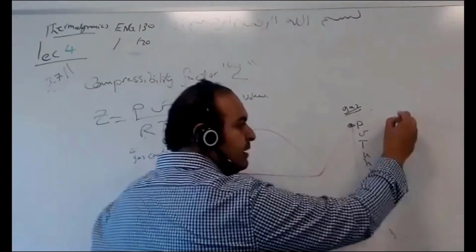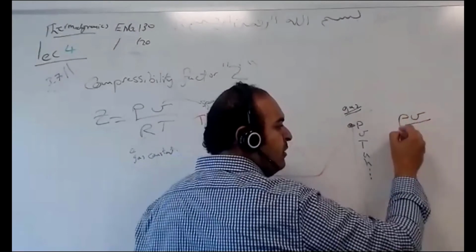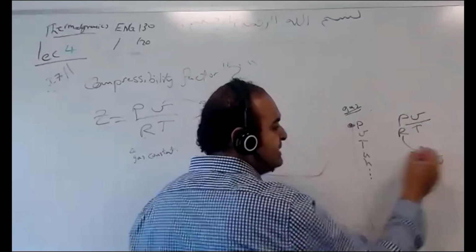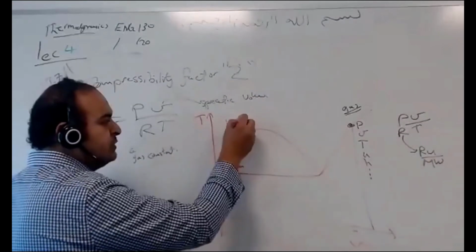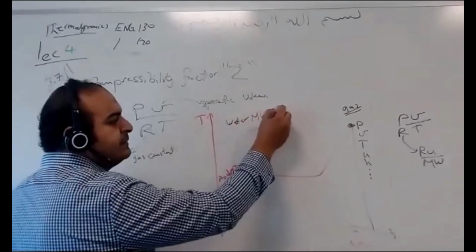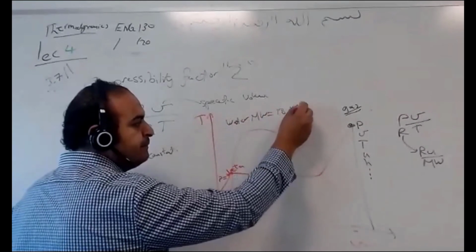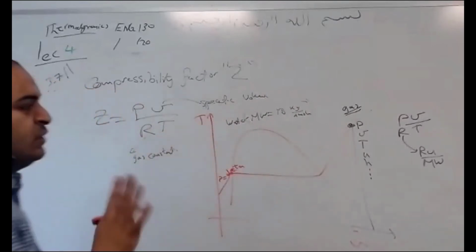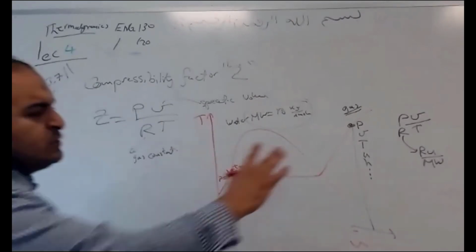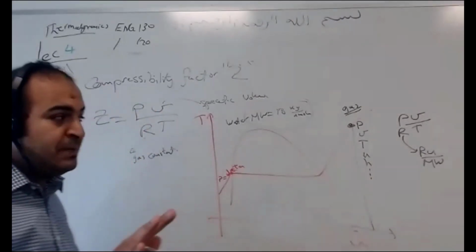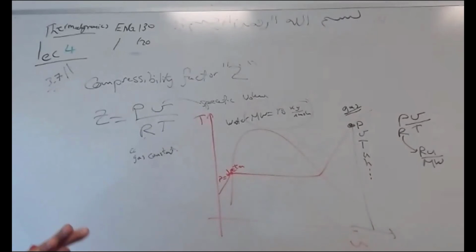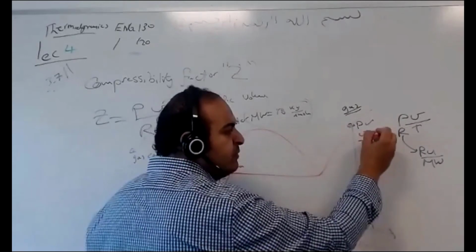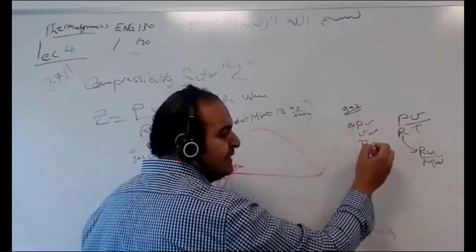Let's multiply P, v over R of this gas, T. And R is R universal over molecular weight. Let's say this is water. The molecular weight of water is 18 kilograms per kilomole. So what I'm going to do is get R universal. I know water is not a gas, yes, but when it goes to vapor, it's a gas. But is it ideal or not? Does it follow the law or not? So this ratio is pressure times volume, divided by T in Kelvin.